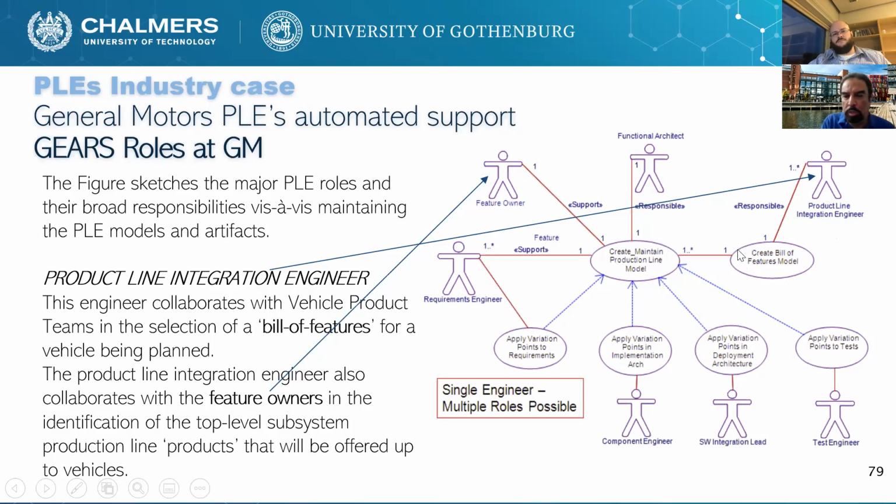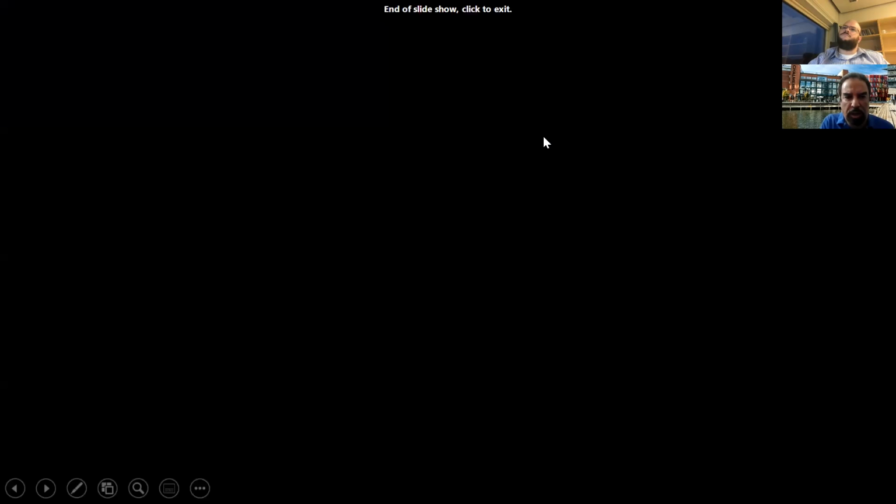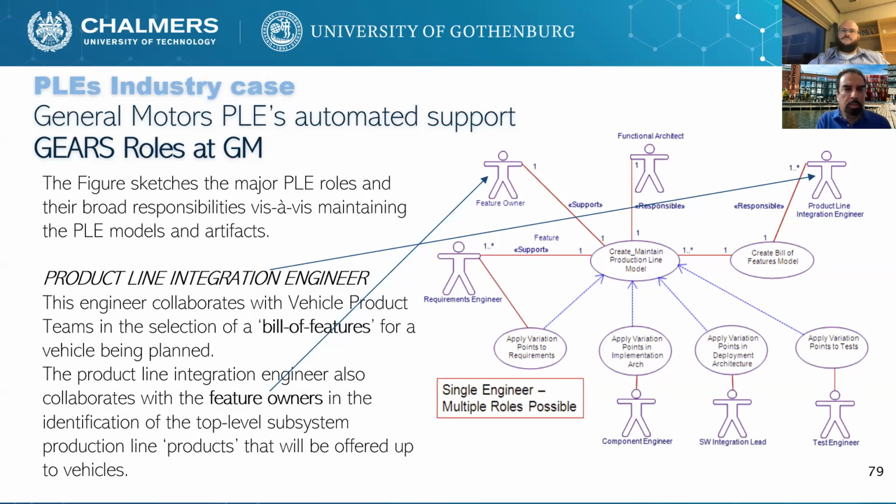So it produces the bill of features, rather than the bill of materials, and tells them, okay, in this car we need this package, go ahead and develop it. And it shows you the role of each of these in the model. So this is roughly what happens in GM. I think this was the last thing.